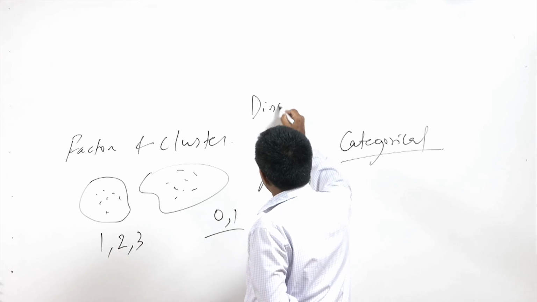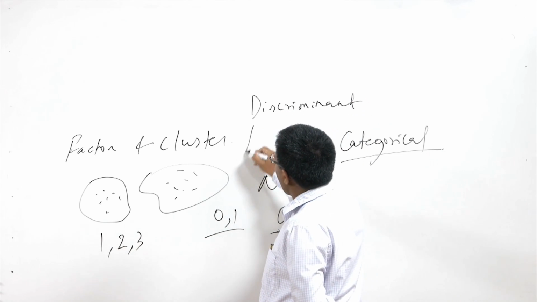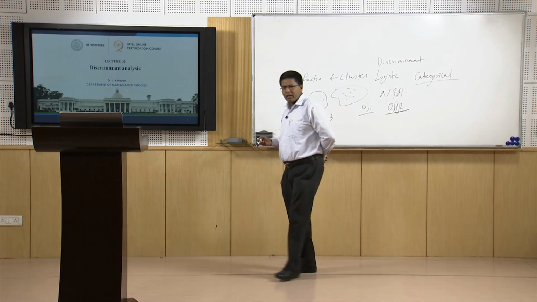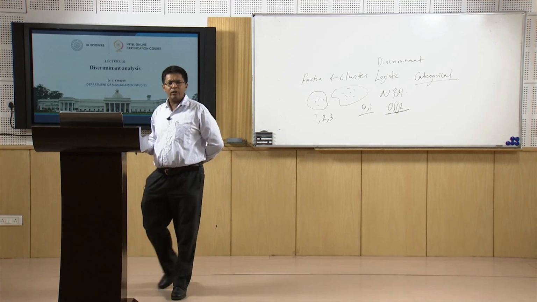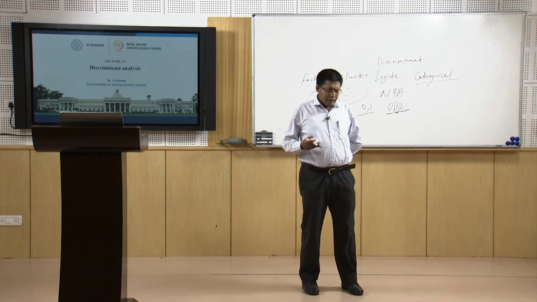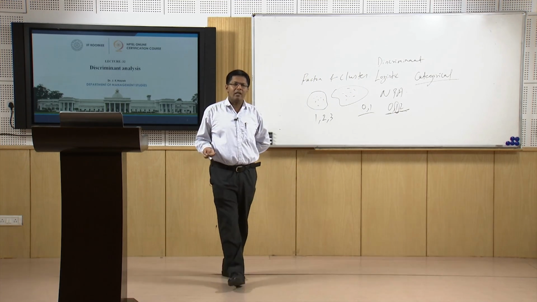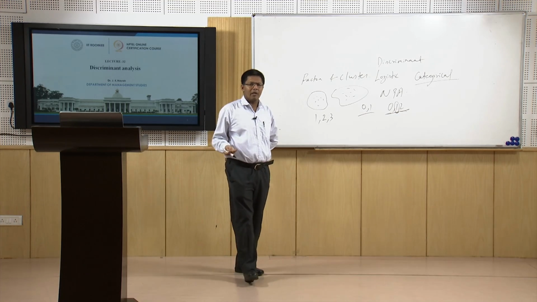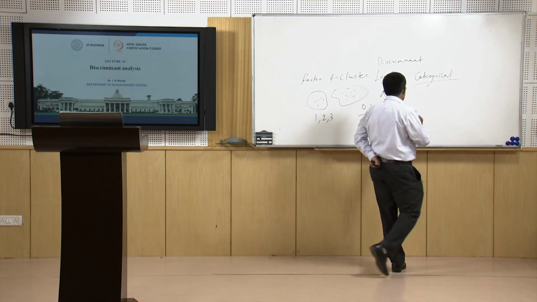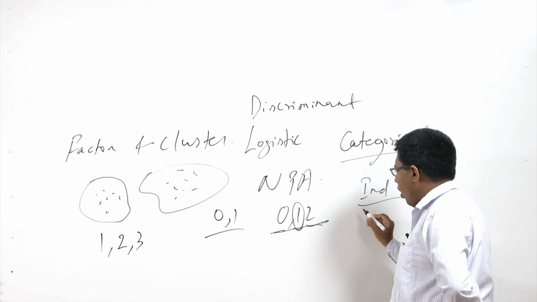One is called discriminant analysis. The other is a form of regression, which is called logistic regression. These are two techniques which are used very largely, so that the decision maker can take a decision where the decision is a categorical variable, but is based on certain independent variables which are continuous in nature.